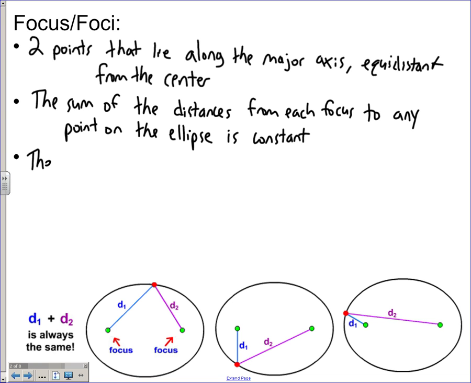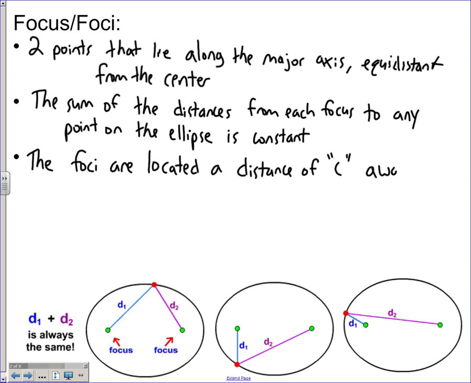Now, the third property is that the foci are located a distance of c away from the center, where c is given by c squared equals a squared minus b squared.